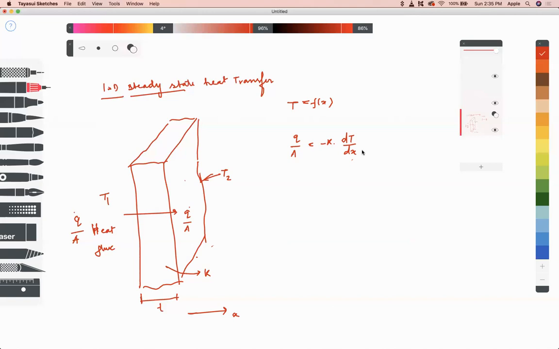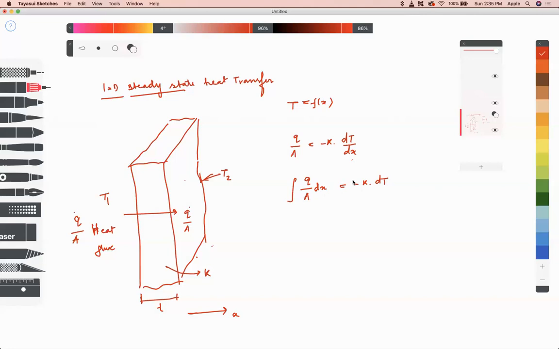Now in this case, I don't want a differential equation, I want an exact solution of this equation. So what we need to do, we need to integrate, as simple as that. So we make it q by A into dx, and this will be minus k into dT.